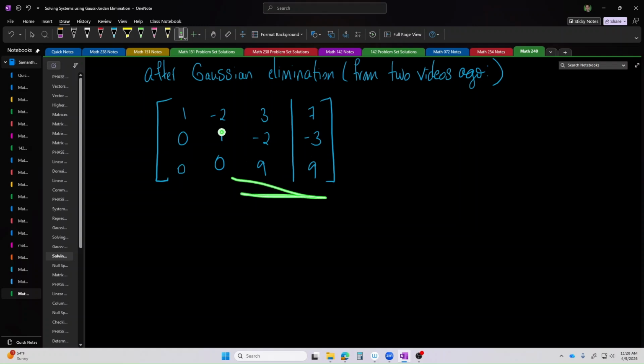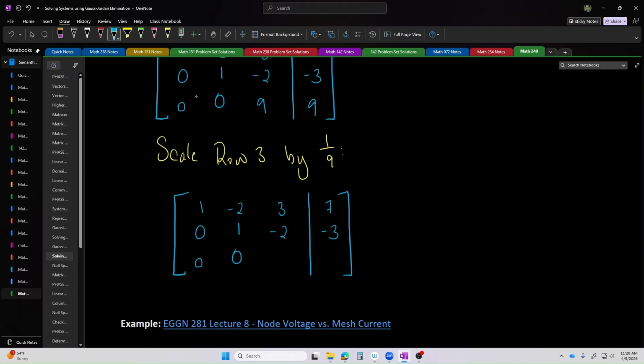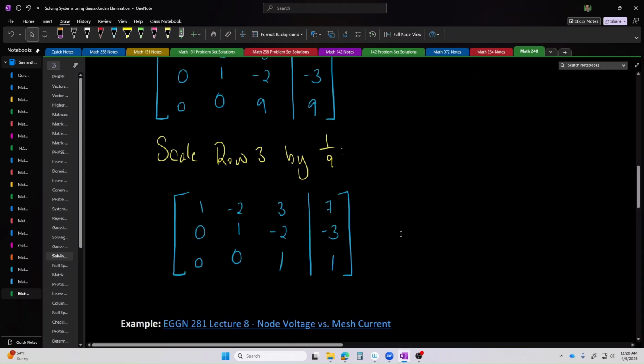I would like to rescale row number 3 so that that pivot of 9 is turned into 1 instead. So I'm going to scale row number 3 by a factor of 1 over 9 to turn this 9 into a 1.